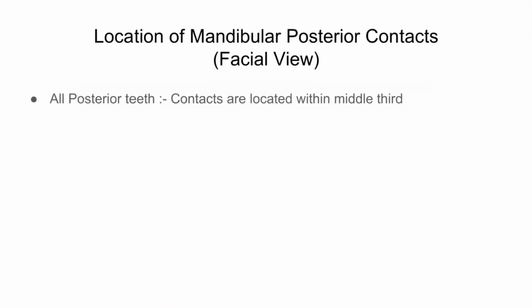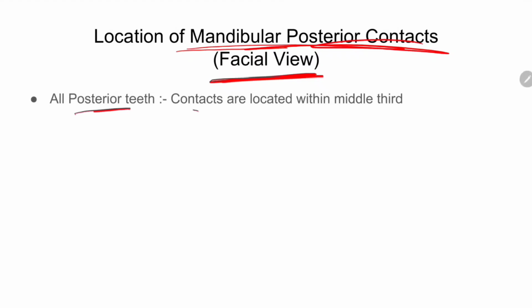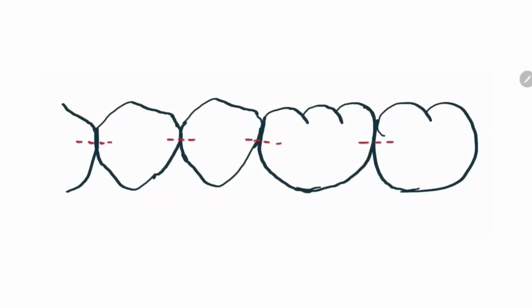Now we will see the location of mandibular posterior contact areas from the facial aspect. So all these posterior teeth are contacting each other within the middle 1/3. See here, we have our canine, then first premolar, second premolar, first molar and second molar.